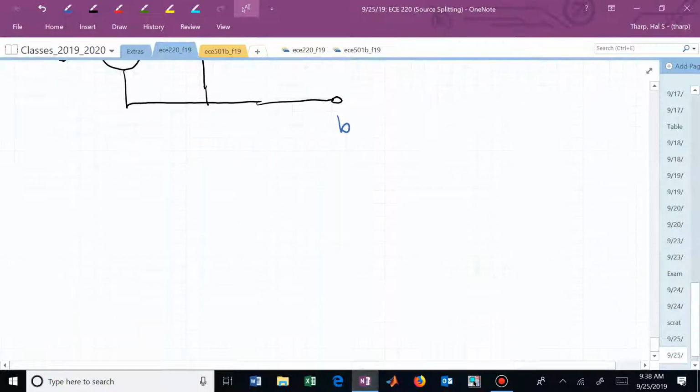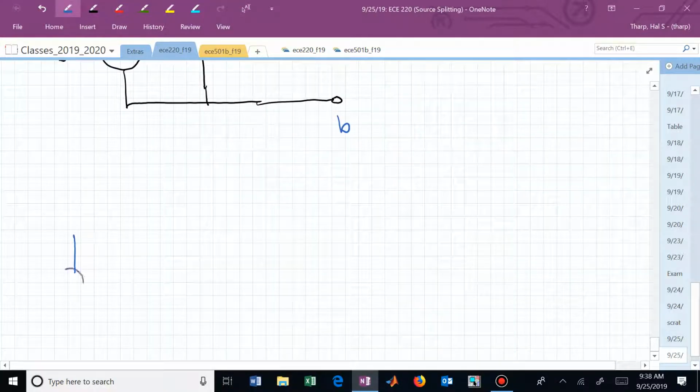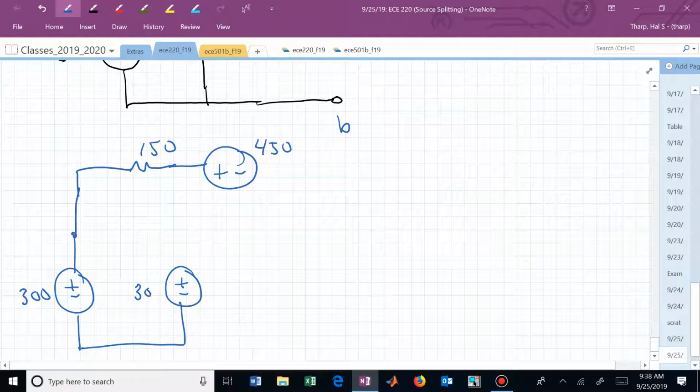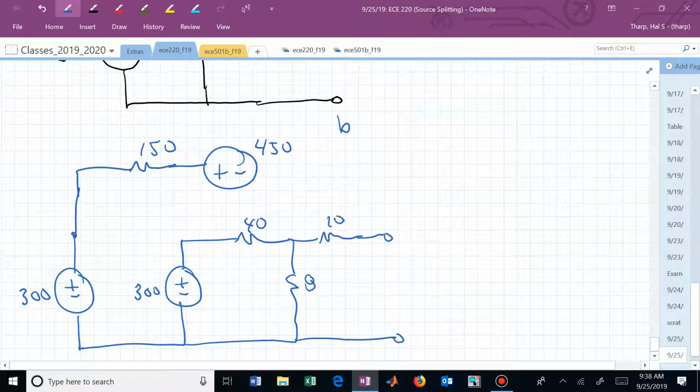So now if I split that, on the left I have the 300 volts, and that's now in series with this 150 and 450. And I keep what I had before, the 300, and this is now the 40, the 8, and the 10.